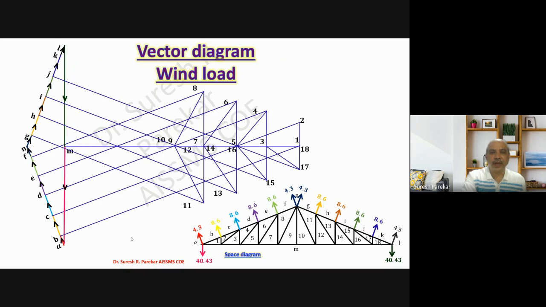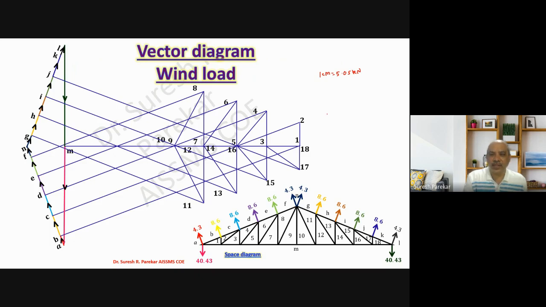Now the scale we have considered is 1 centimeter equal to 5.05. Otherwise it is difficult for me to consider a lower scale and put it in the PPT. How have I considered 5.05?